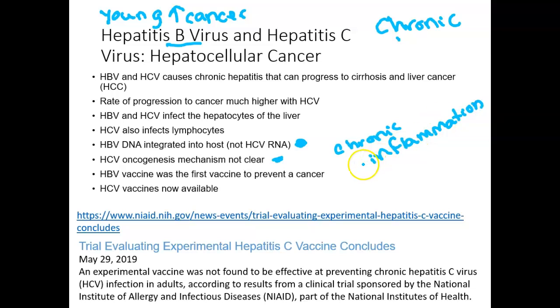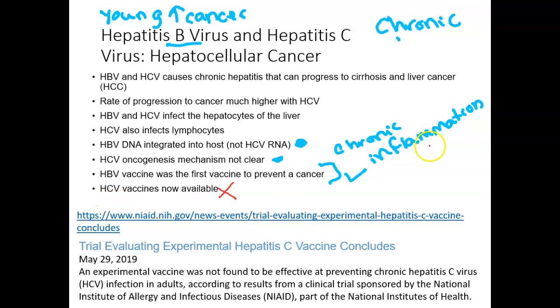Now, it's important to note that your book has made a mistake here. It says that there's a vaccine for hepatitis B, and that's absolutely correct. However, it also says that there's a vaccine available for hepatitis C, and this is not correct. We have been researching, and by we, I mean the royal we, so not me personally, but other scientists have been working really, really hard for a very long time to come up with a hepatitis C vaccine, but it's been unsuccessful so far.